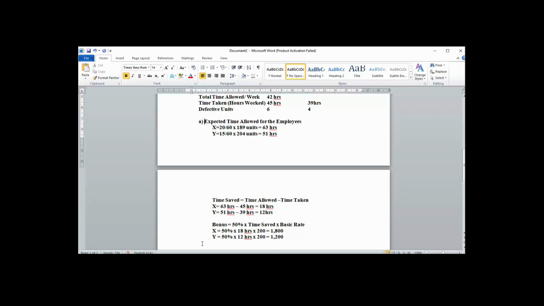Now let's look at B. What does B say we should do? Calculate the total gross wage payable. Gross wages paid is the total money they now pay to them.